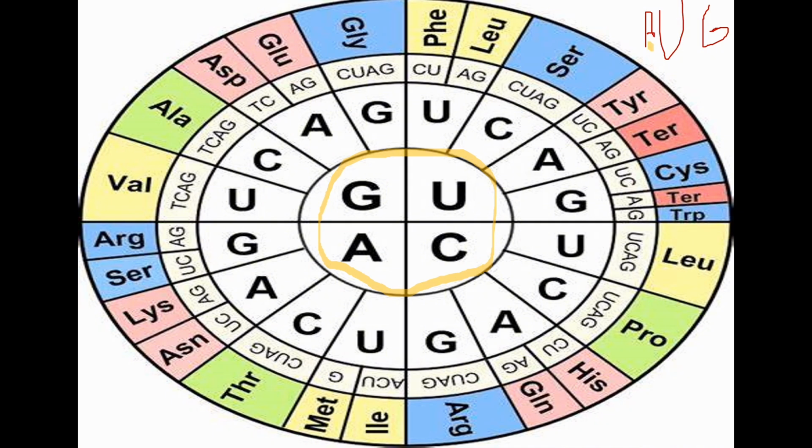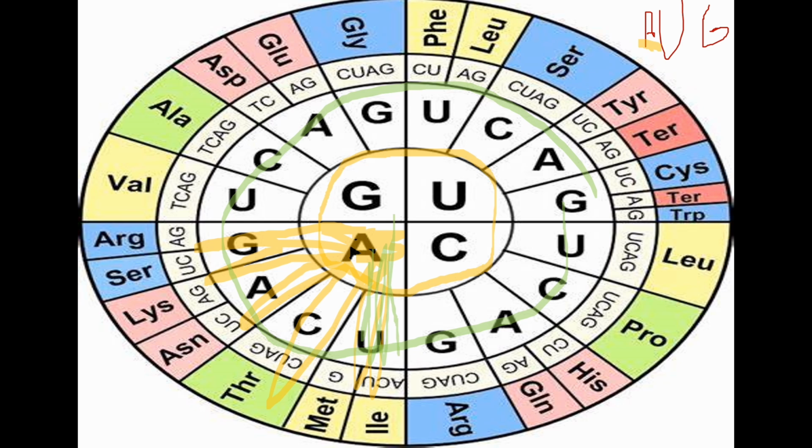So I need that part. Then the second is that wheel. So the second wheel is the second letter. So the second letter is U. So here after A, U. So I am here.